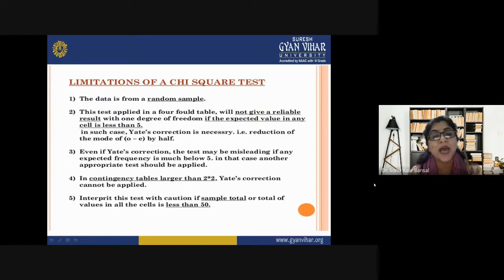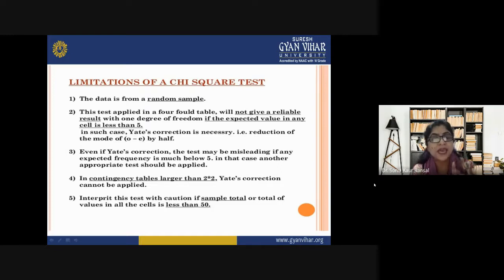Random sample is very necessary, it is a major limitation. This test applied in a four-fold table will not give a reliable result with 1 degree of freedom if the expected value in any cell is less than 5. Yes, I repeat, this test applied in a four-fold table will not give a reliable result with 1 degree of freedom if the expected value in any cell is less than 5.